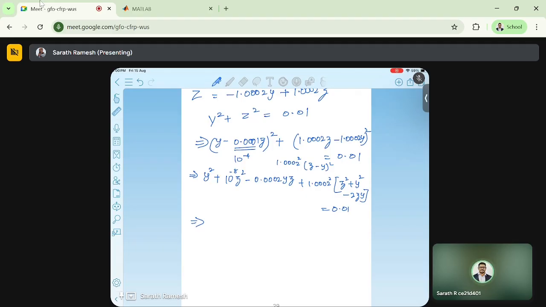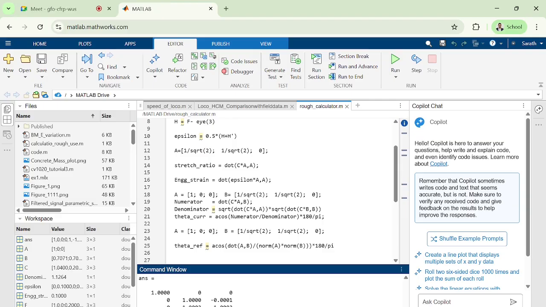So when we further simplify this, let's go to MATLAB. 1 plus 1.0002 whole square, so 2.0004 y square, and z is 10 to the power minus 8 plus 1.0002 the whole square, again 1.0004.